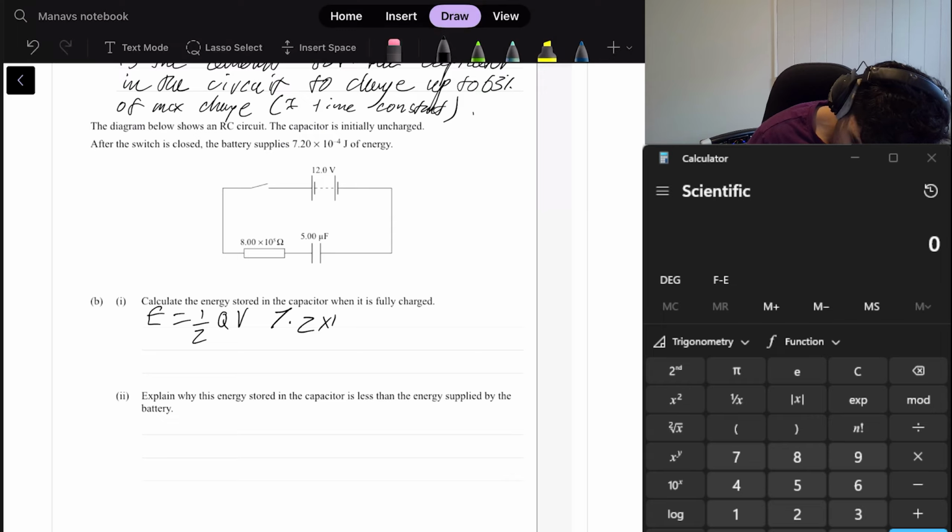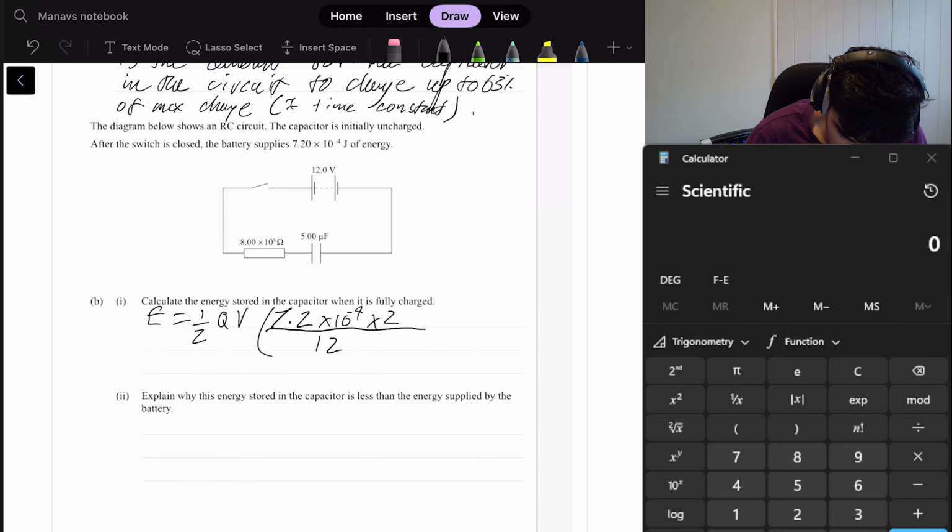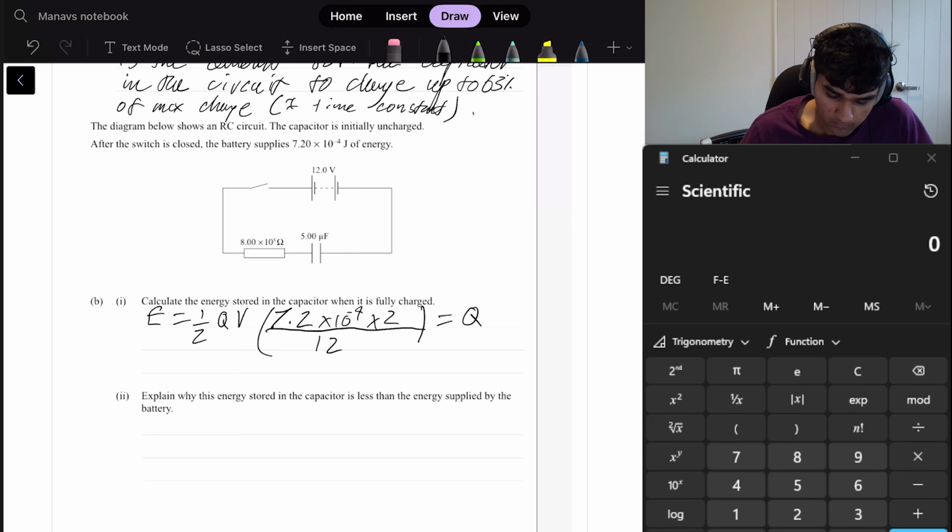Times 2 because we've got the half, and then the voltage, which is 12 volts.